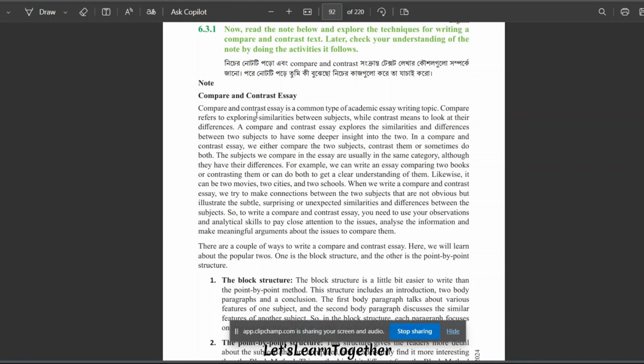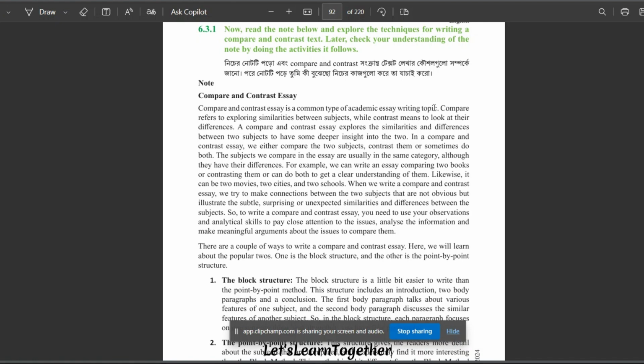Compare and contrast essay is a common type of academic essay writing topic. Compare refers to exploring similarities between subjects, while contrast means to look at their differences. A compare and contrast essay explores the similarities and differences between two subjects to have some deeper insight into the two.